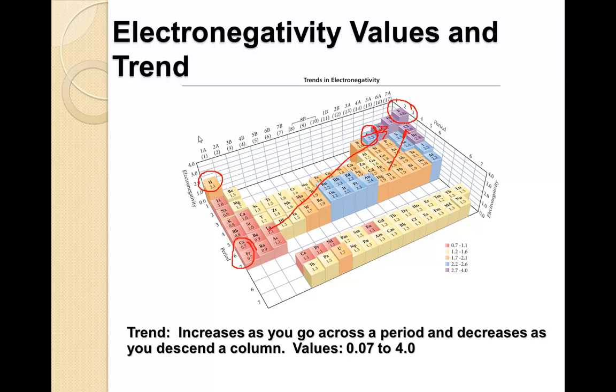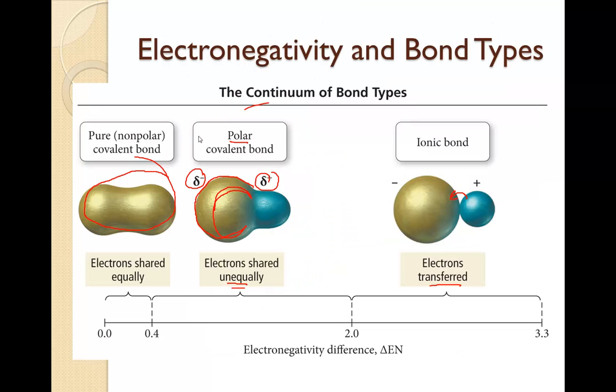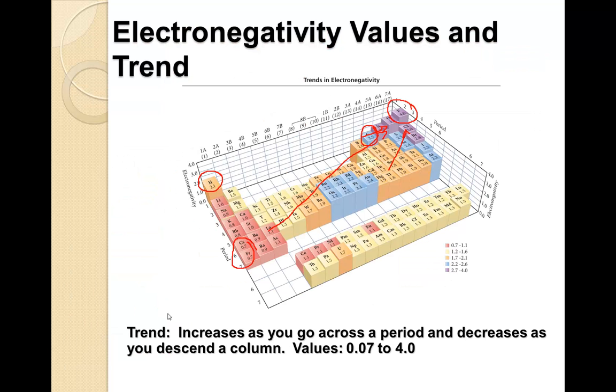So if you look at the difference, 2.5 is bonded to a 2.1. This is carbon, this is hydrogen. That's only a 0.4 difference. That's right on the border of nonpolar. When carbon and hydrogen bond, it's considered to be nonpolar. So hydrogen is the only one that's kind of tricky as far as the electronegativity trend.